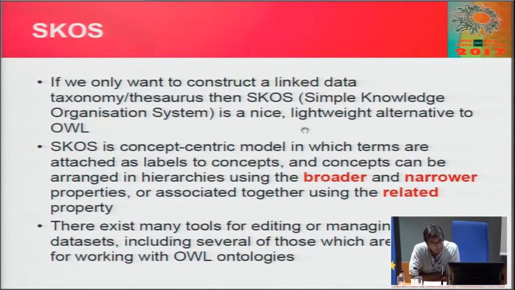In fact, there's a nice lightweight alternative to OWL, which is the Simple Knowledge Organization System, SKOS. SKOS is really concept-centric, and you get a basic model in which you can attach terms as labels to concepts, and concepts can then be arranged in hierarchies using the broader and narrower properties, or associated together using the related property. And I also want to point out that there exist a lot of tools for editing or managing SKOS datasets, including several tools which are also used for working with OWL ontologies as well.